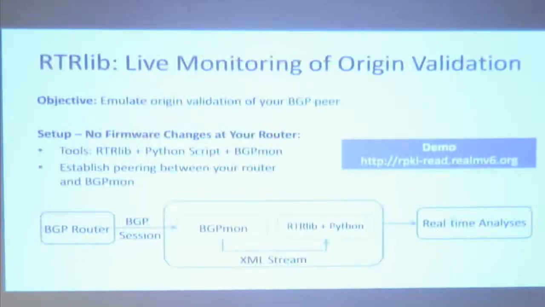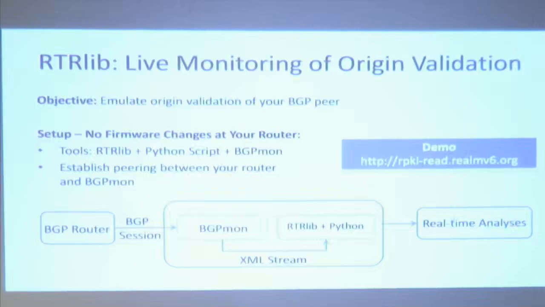We also provide a tool chain that allows you to emulate origin validation on your BGP router, for example, if you cannot update the firmware of your router or the current firmware does not support origin validation. What we propose here is to peer your BGP router with BGPmon from Colorado State.